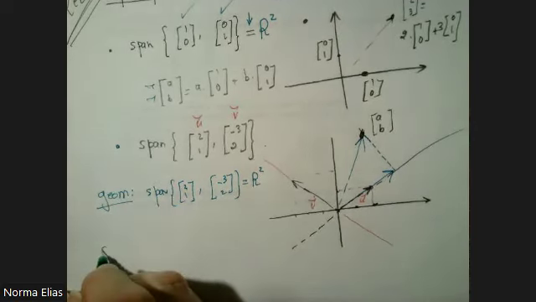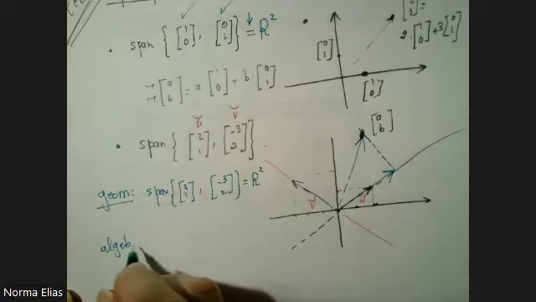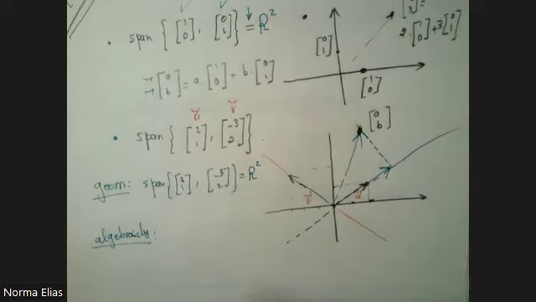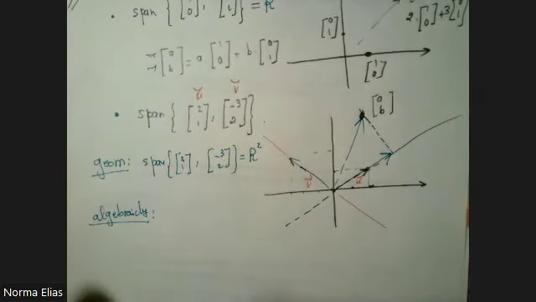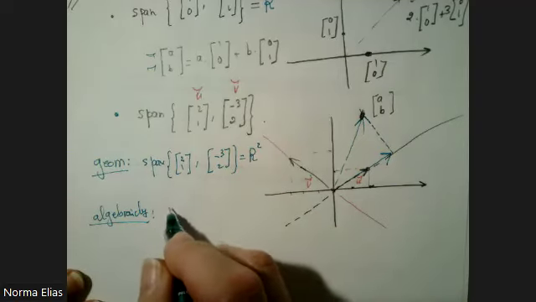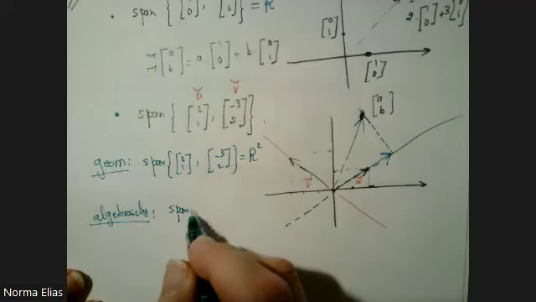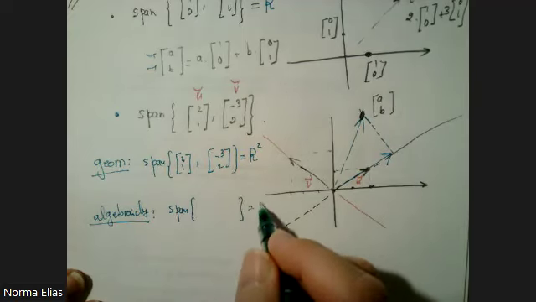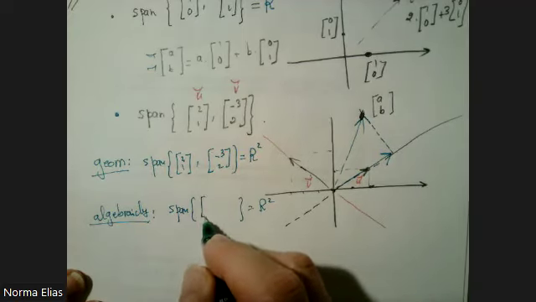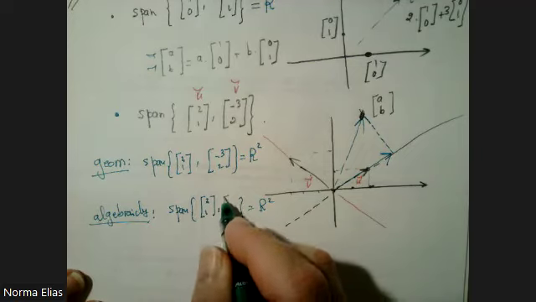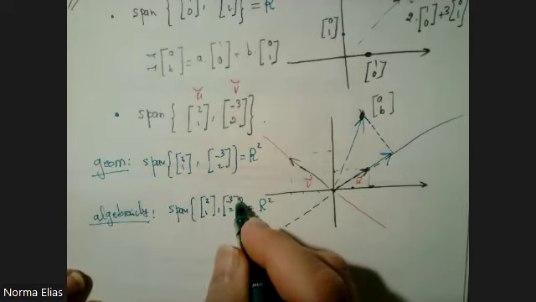Now, how do we show this algebraically? We can do the geometry in R2, but once we hit R3, we don't see the picture as clearly. So algebraically, how do you convince me that the span equals R2?